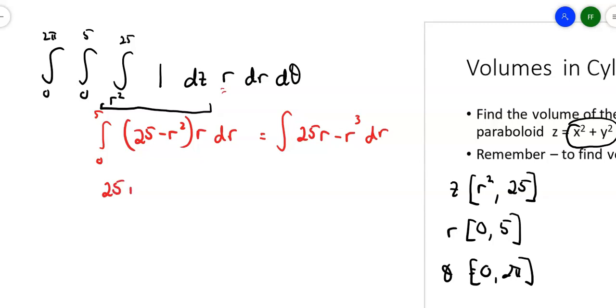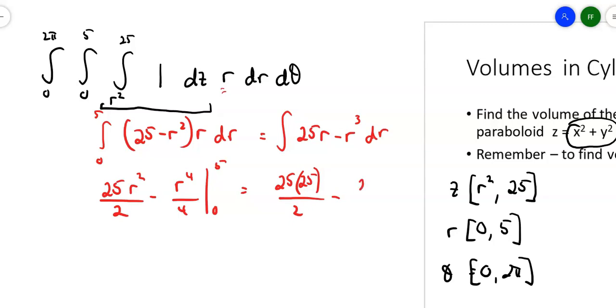So you get 25 r squared over 2 minus r to the fourth over 4, evaluated at 5 and at 0. So you'll get 25, 5 squared is 25, minus 25 to the fourth over 4. All right, set up your common denominators and add, and this will give you 625 over 4.